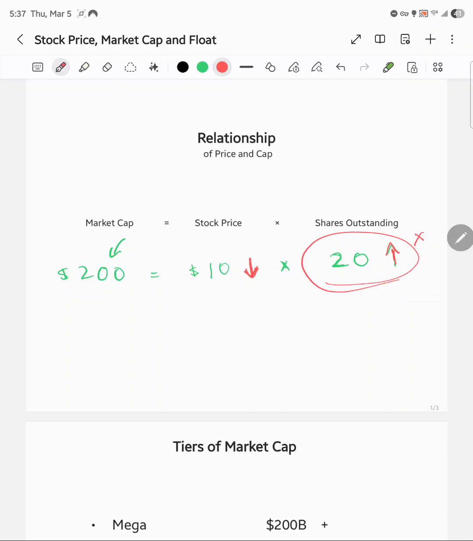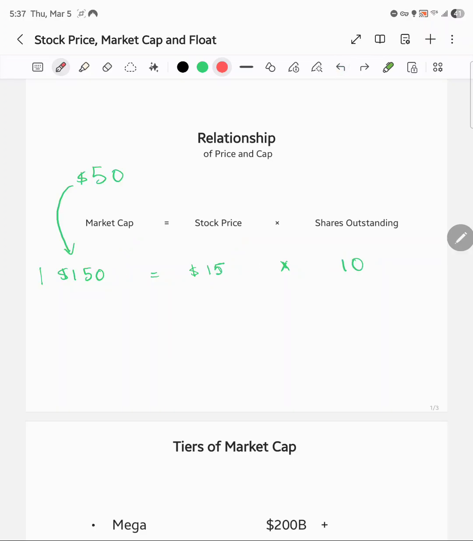So if the supply of outstanding shares goes up, the stock price goes down, provided that the market cap or the demand stays the same, for the example. So that is your relationship of stock price, outstanding shares, and market cap.